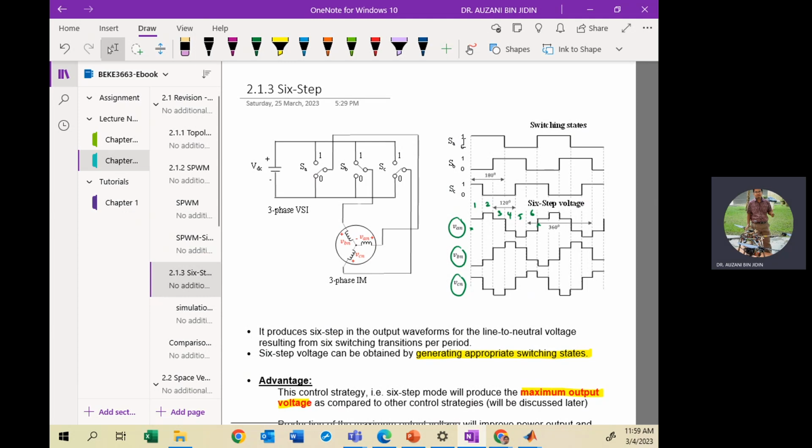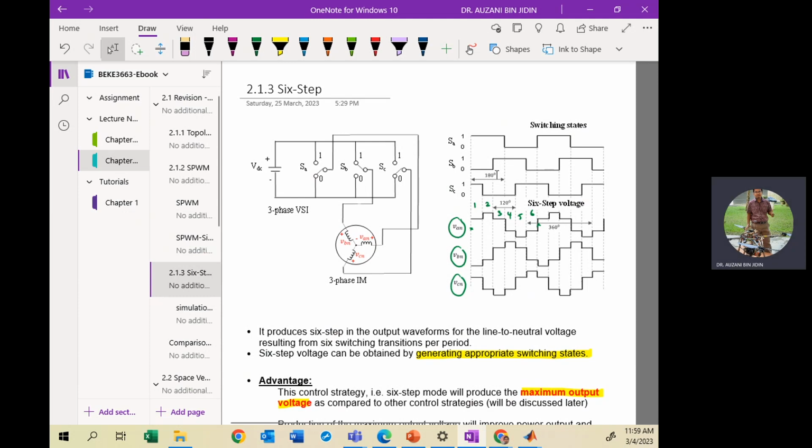So you can notice for SA, SB, and SC, the pulse width is 50%, meaning the on time and off time are the same. So they vary between 1 and 0. Then from one phase to another phase, there must be a delay.